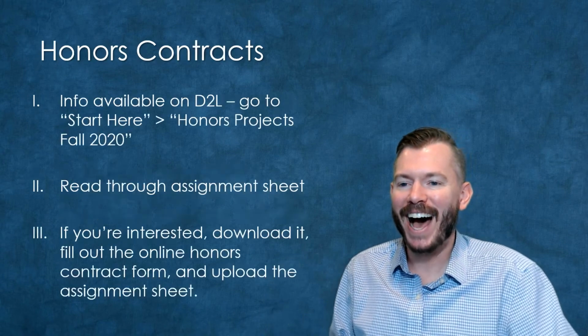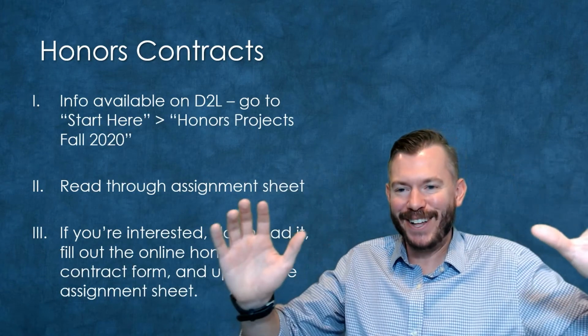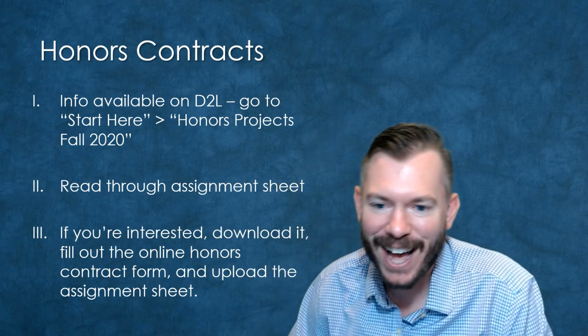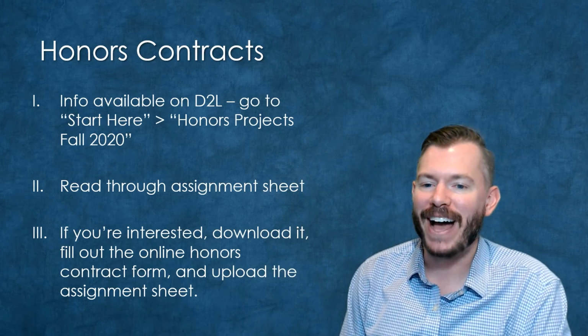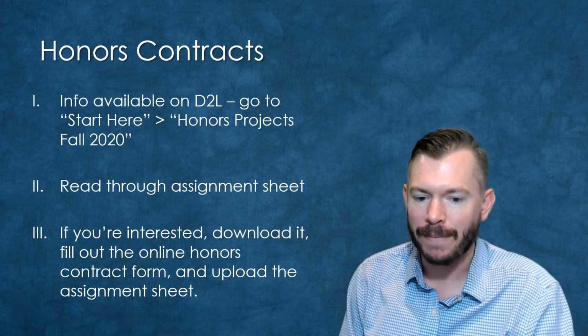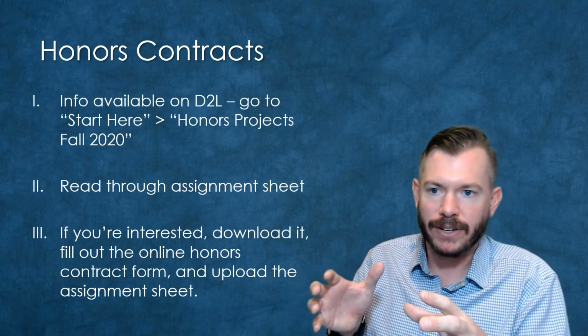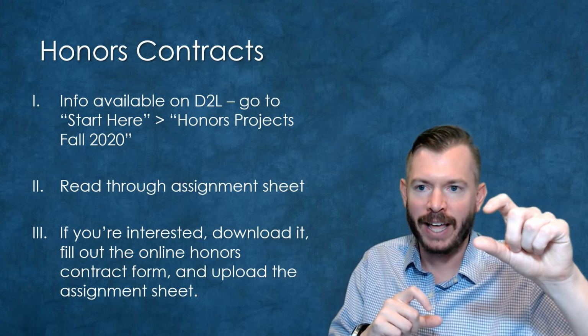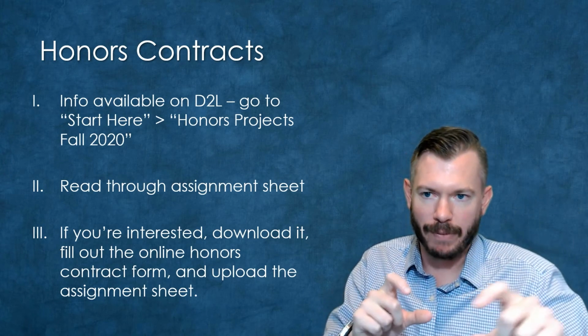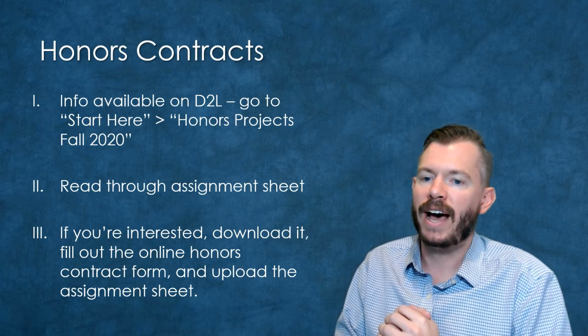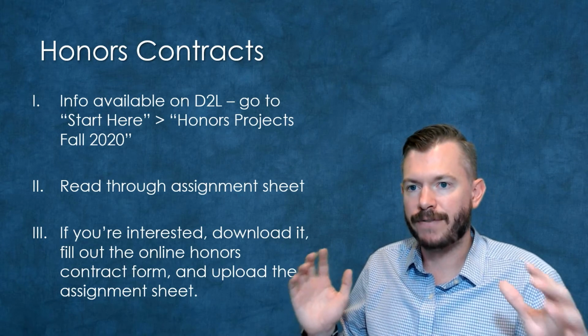Other announcements. The honors contracts are up and ready to go. If you are in the Honors College, here is how you find out about that. Go to D2L, then go to the course introduction materials. You're going to see one folder for the course info, one for the requirements, and another folder right below that that says Honors Projects Fall 2020.